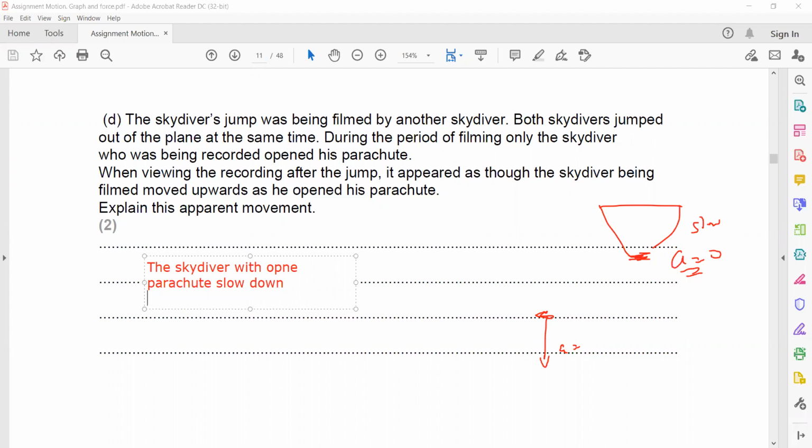That is why it appeared so. And the diver that is filming remained at a constant terminal speed. That's why it appeared that he moved upward. Is it clear? Is it clear, this part?